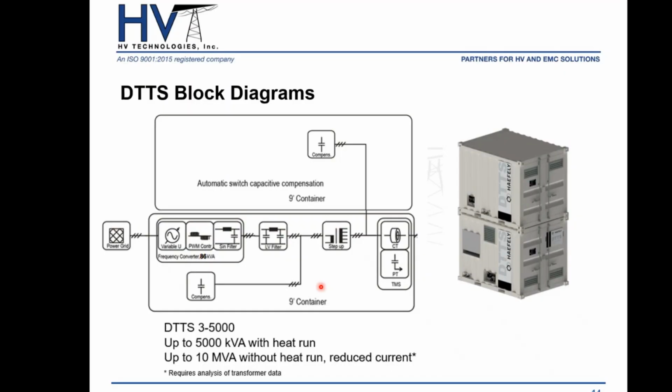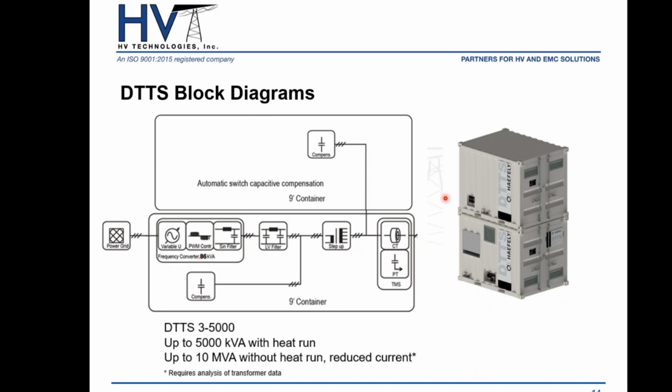In this slide, the example is for a DTTS 35000. So DTTS 35000 is basically a 2500 kVA unit, and then on top, you stack an automatic capacitive compensation container. So these two containers work in conjunction, and it'll give you the capability to run tests up to 5000 kVA with heat run, or up to 10 MVA without heat run.